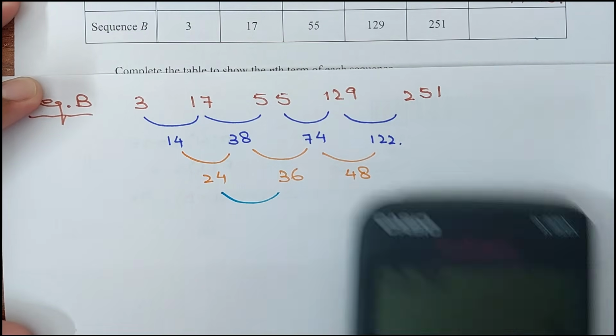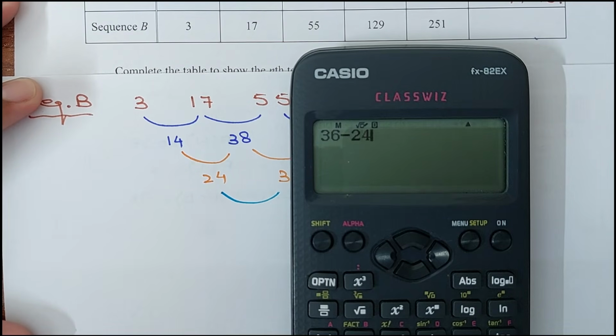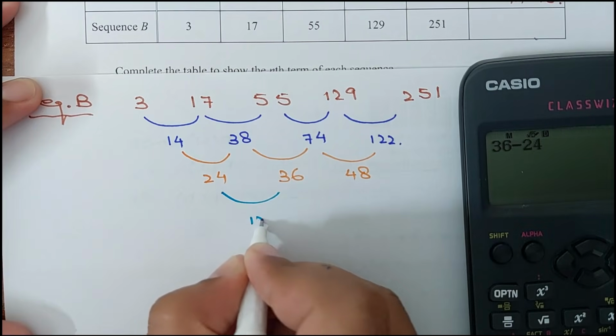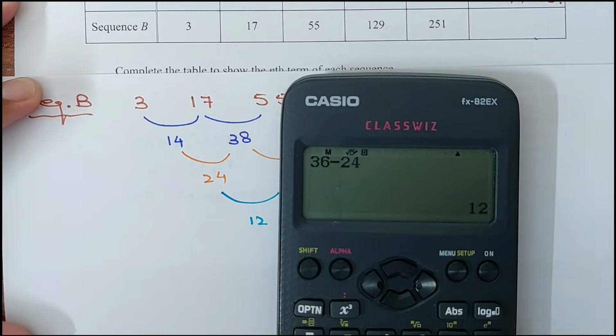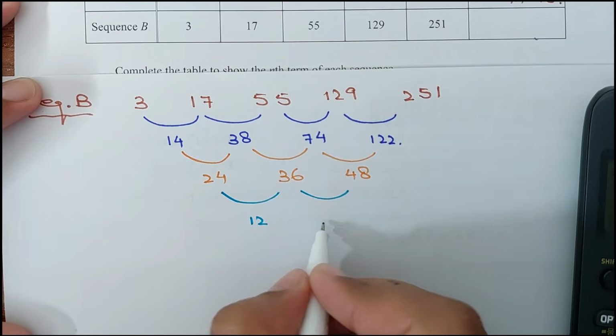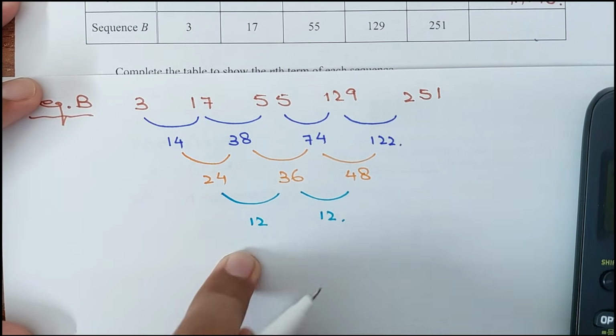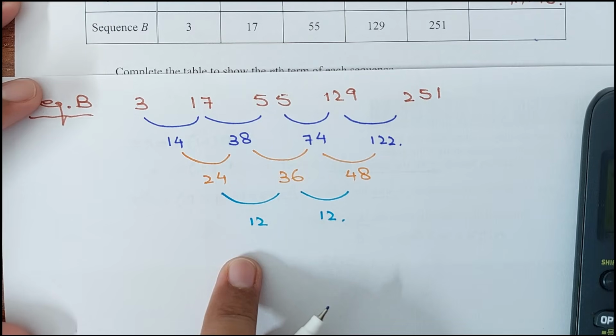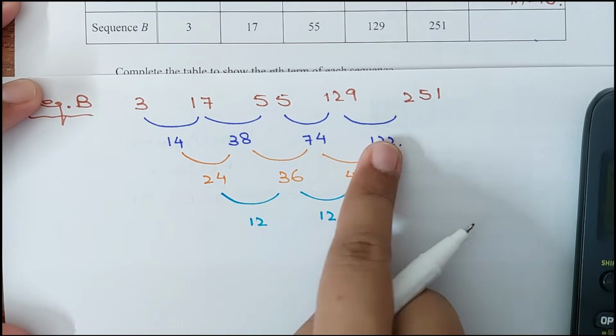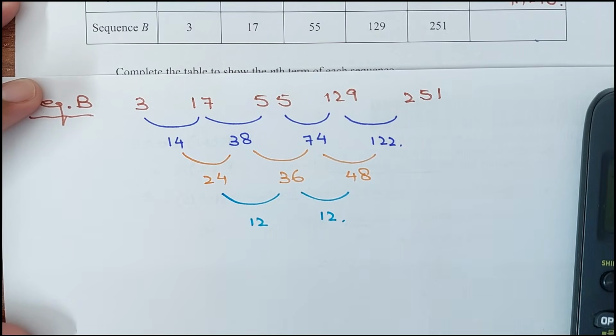Between 24 and 36, 36 minus 24 is 12. And 48 and 36 is 12. Thank God, the third difference is constant, you can see. So it is a cubic sequence, not linear, not quadratic.